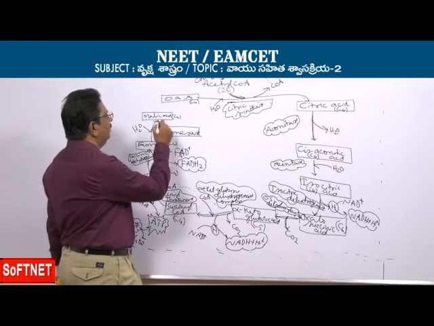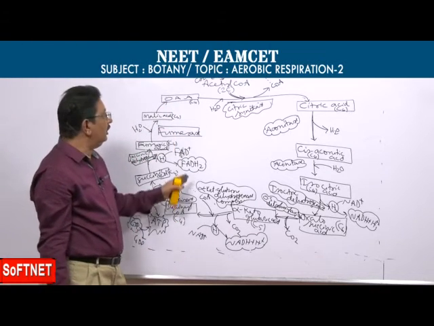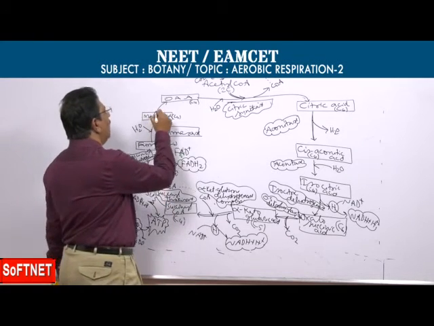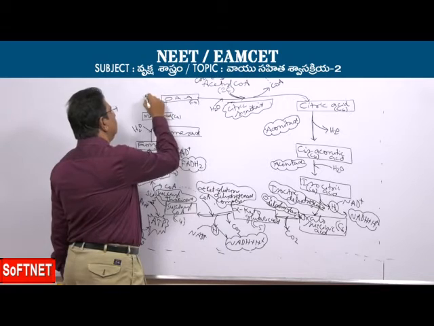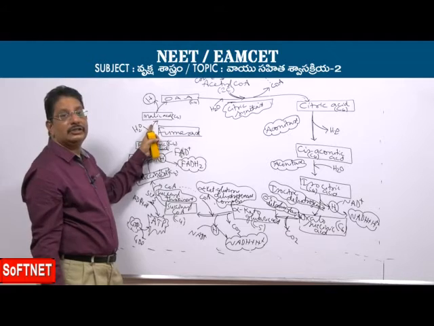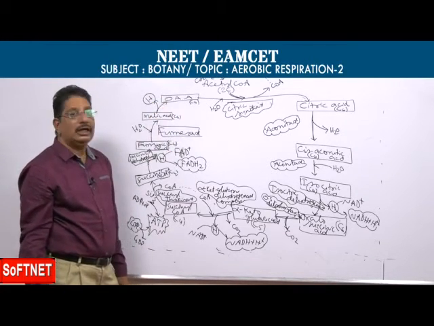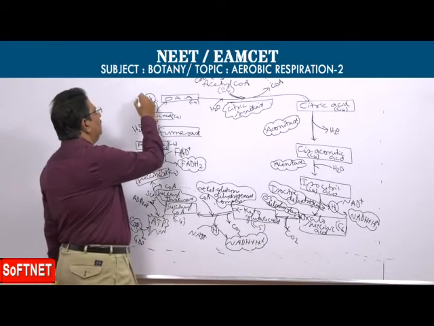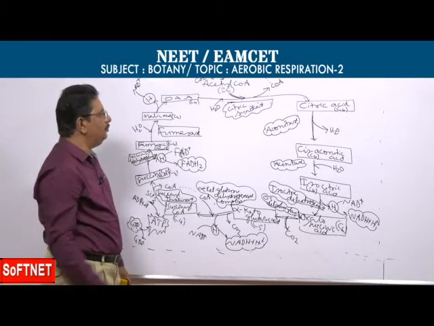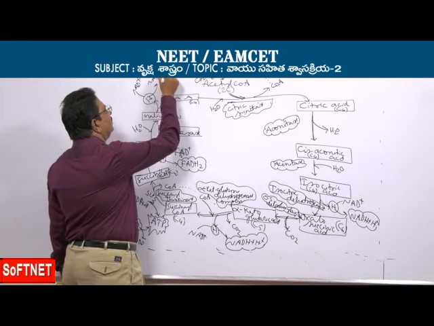So, finally, the C4 compound malic acid is converted into OAA after losing hydrogens. So, in the last step, malic acid undergoes oxidation into oxaloacetic acid, and these hydrogens are taken by NAD plus, which converts into NADH plus H plus.